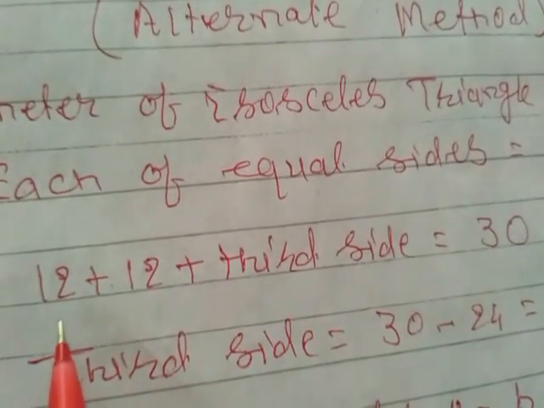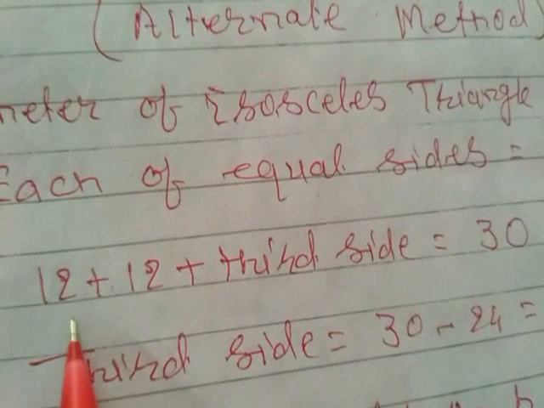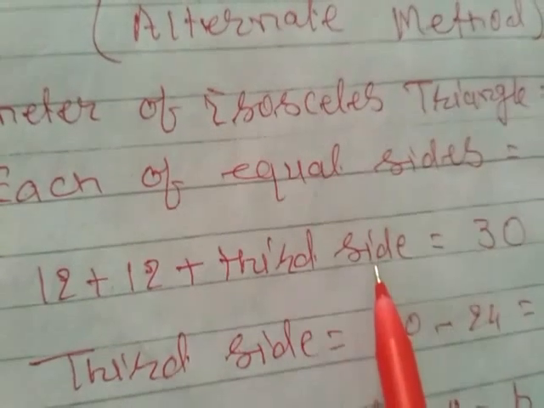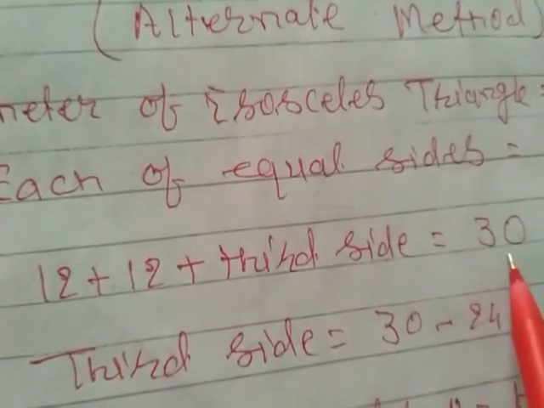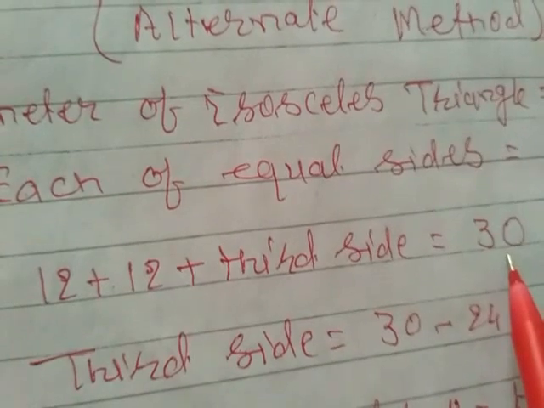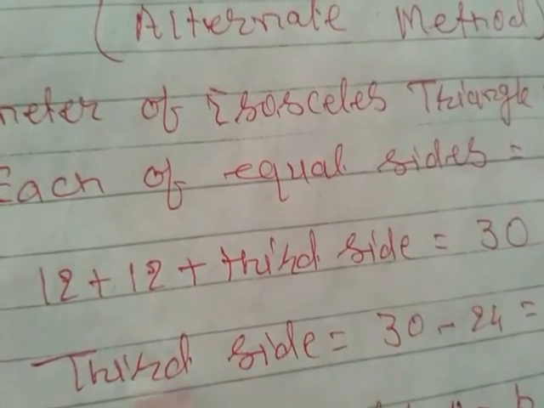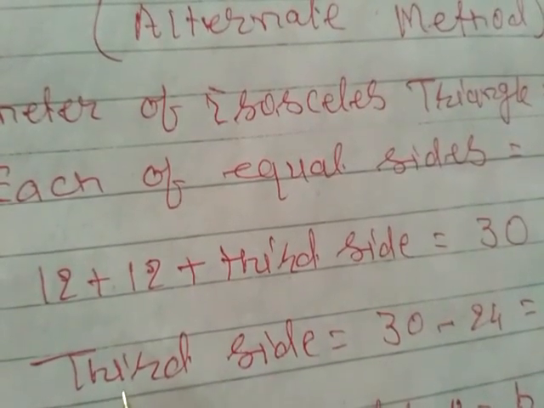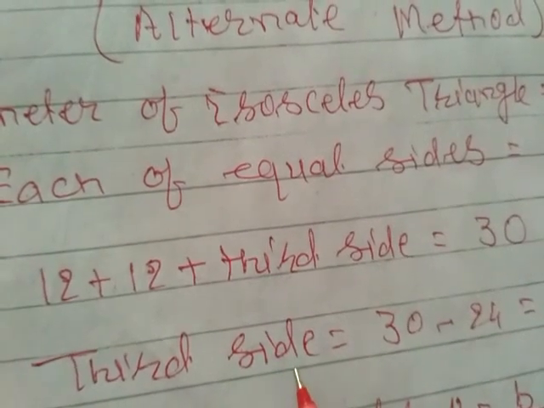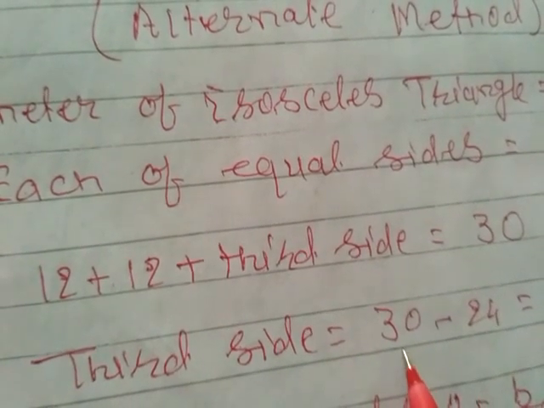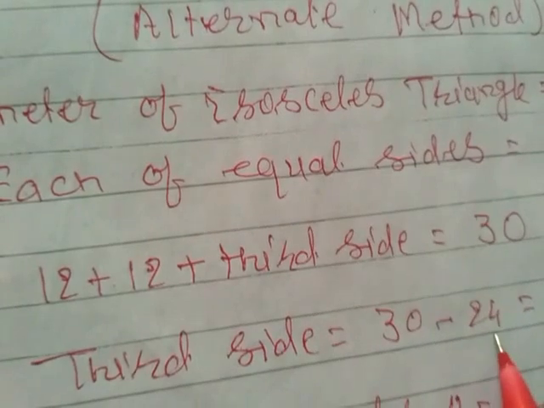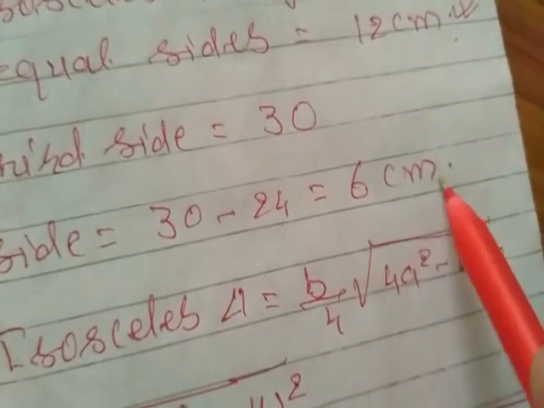So we can have 12 plus 12 plus third side equals 30. That is the perimeter of the triangle. From here we can find the third side of the triangle, which will be equal to 30 minus 24, which is equal to 6 centimeter.